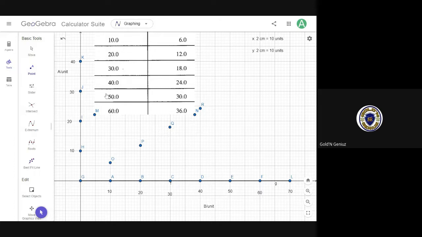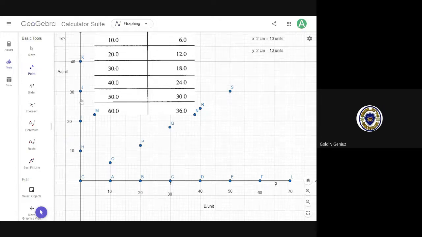Good. Now at 50, I go up at 30. 30 matches up with 50. So I go out to 50. Which is a bit easier. Now I use the same 30, go out to 60, but I'm not looking for 30 at 60. It is 36 that matches up to 60.